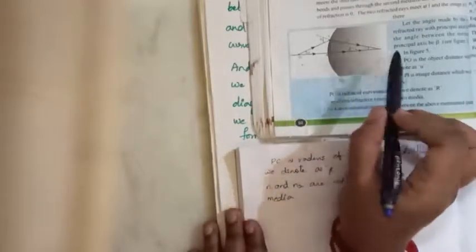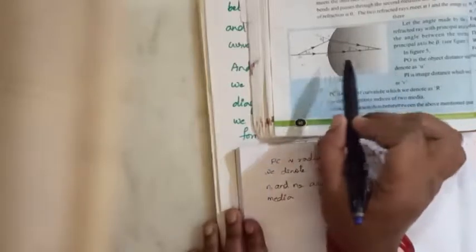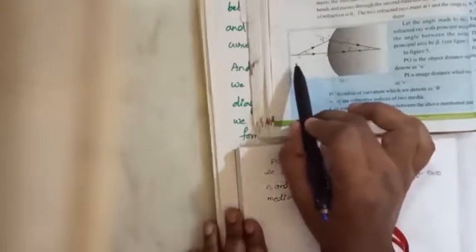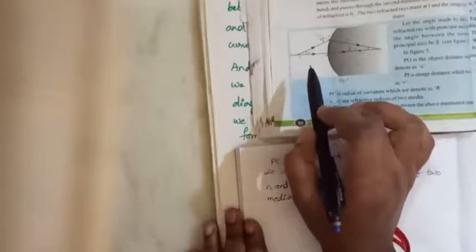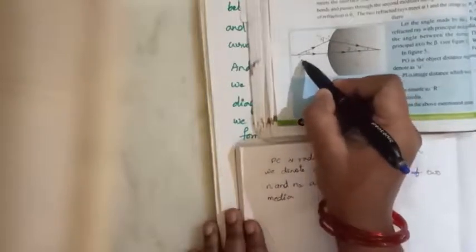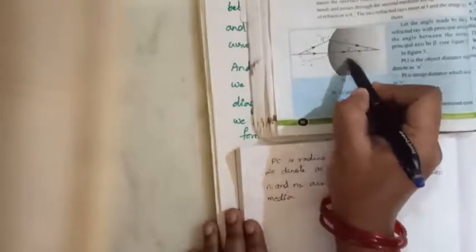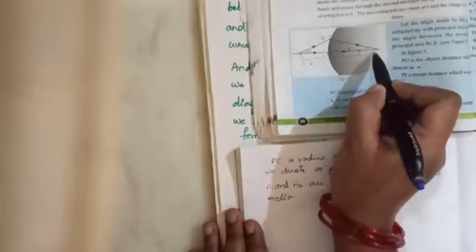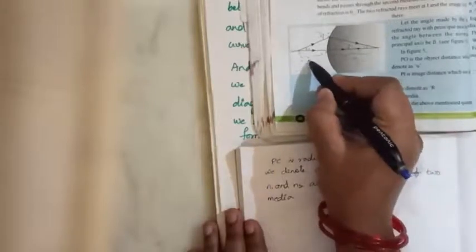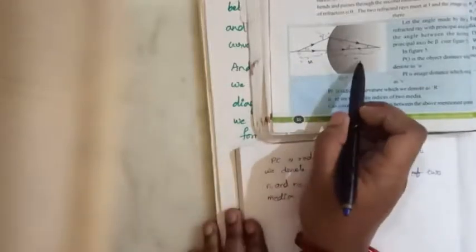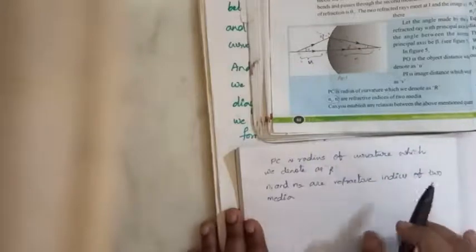Image distance also we know, pole to image distance, and pole to object distance we know. Here we take image distance as V and object distance as U. Sign conventions we will see afterwards. So let us start our derivation now.